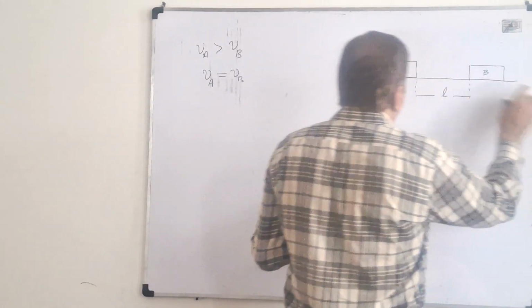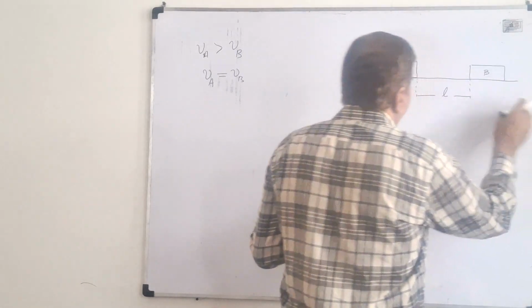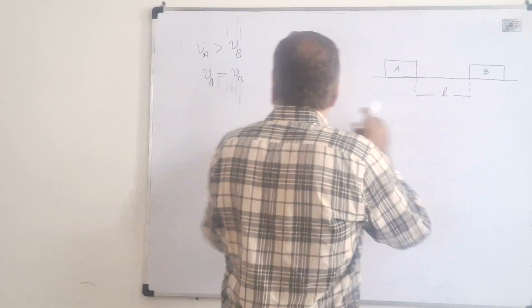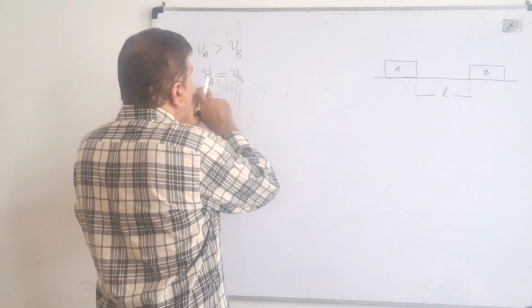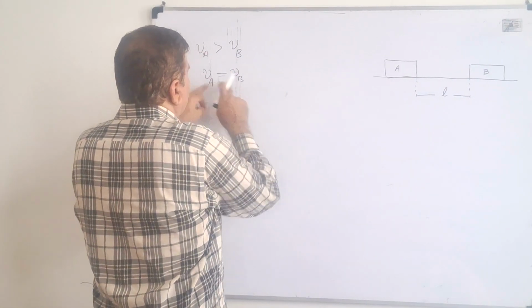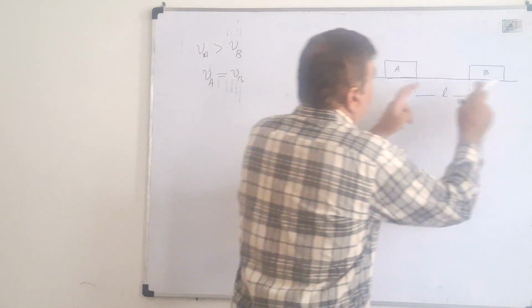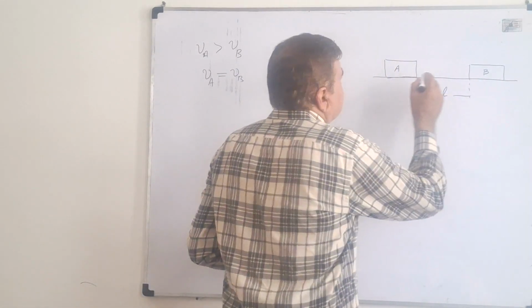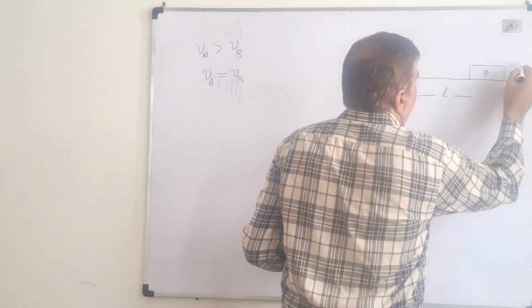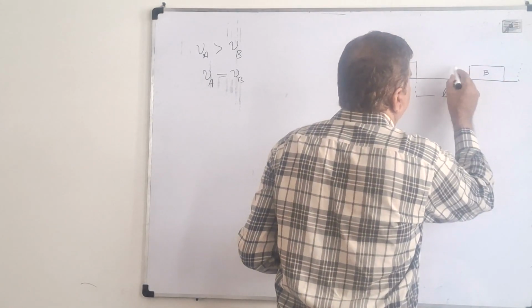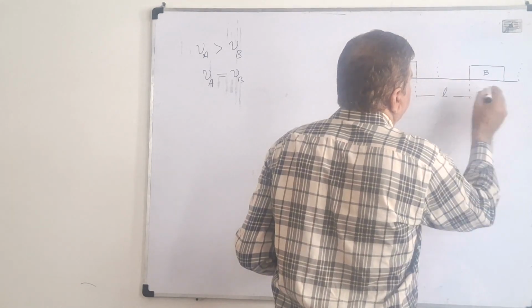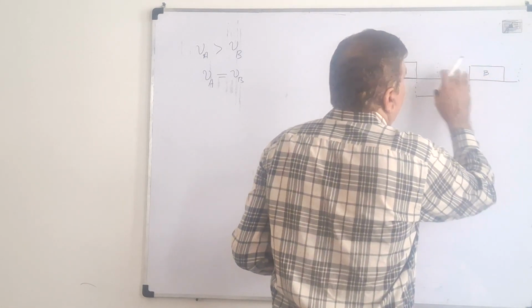Obviously both the cars are moving. Car B is moving in that direction, car A is moving in that direction. So in the time needed to reduce the speed to this condition, the two cars have moved ahead. In time t, this car would have moved to this position, and this car would also have moved ahead.